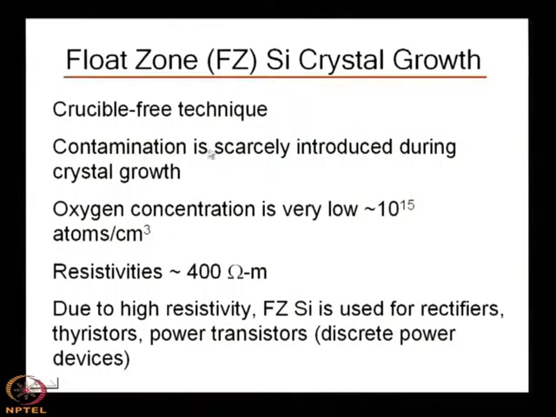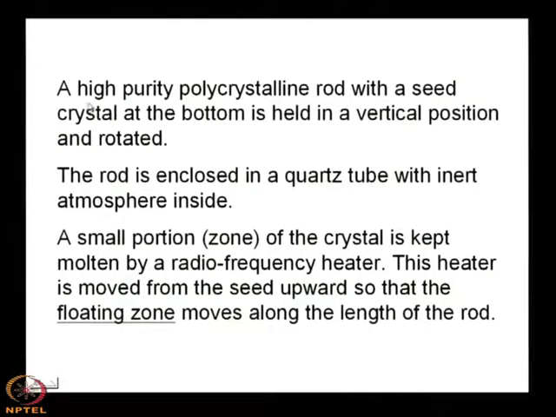If there is no contamination, the resistivity increases, and you find the value is 400 ohm meter, which is quite high. And in this float zone technique, generally a high purity polycrystalline rod with a seed crystal at the bottom is held in a vertical position and rotated.